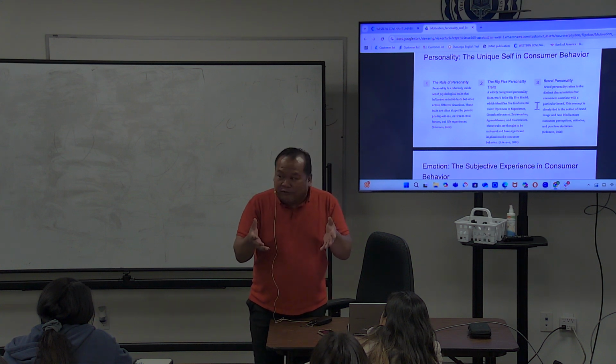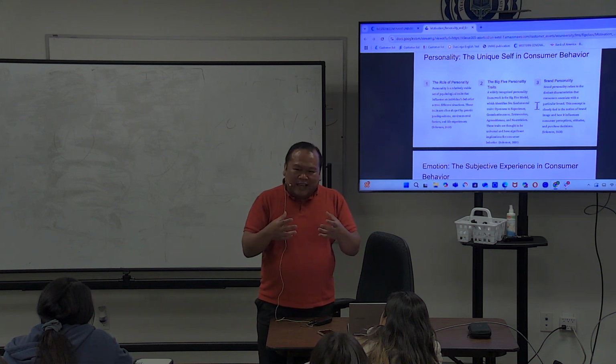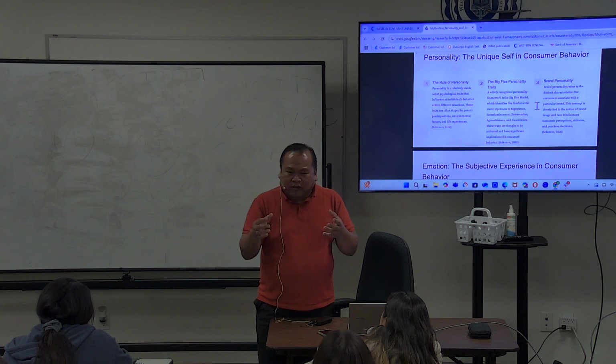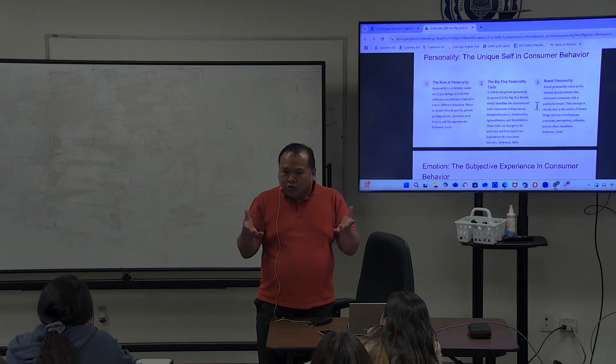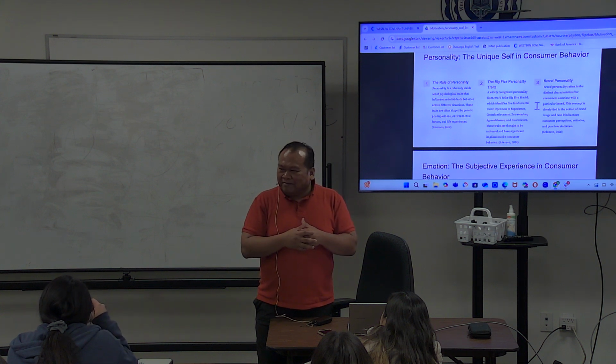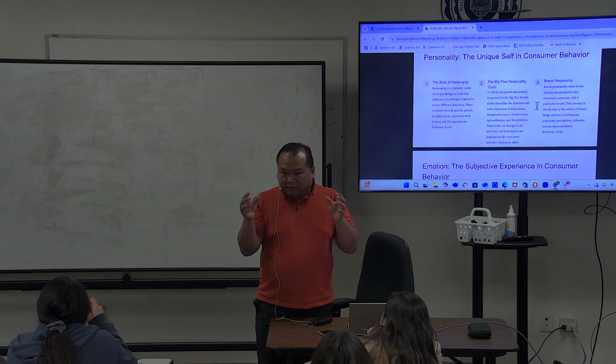Is this gluten free? Yes, it's gluten free. The tag says gluten free. Are you sure 100%? What if it was mixed? Who made it? Where was it made? Are you sure 100% that it's gluten free? These are the neurotic buyers. They're kind of negative because they're always worried. Okay?